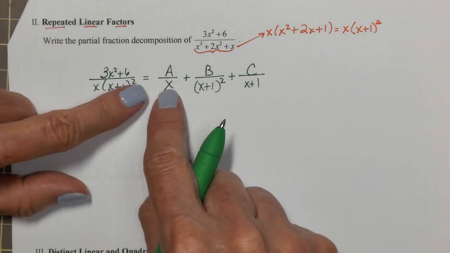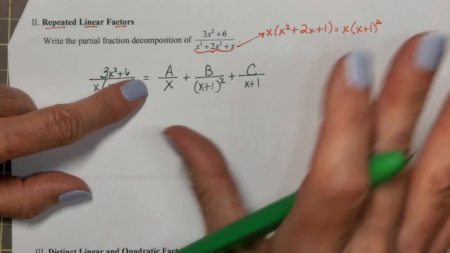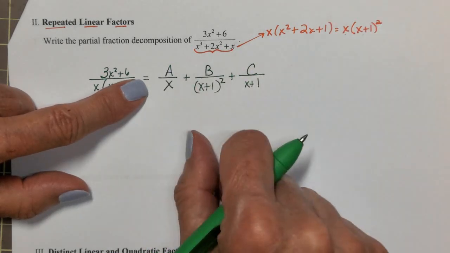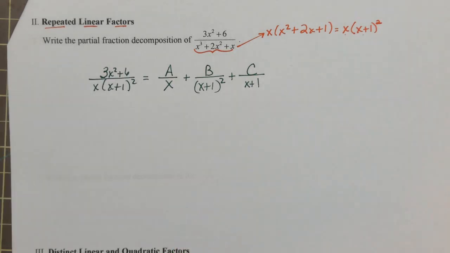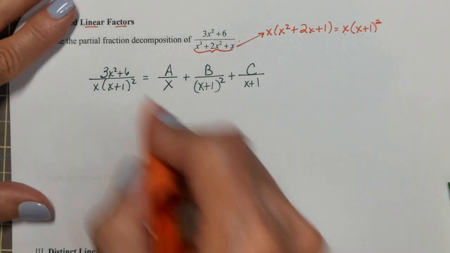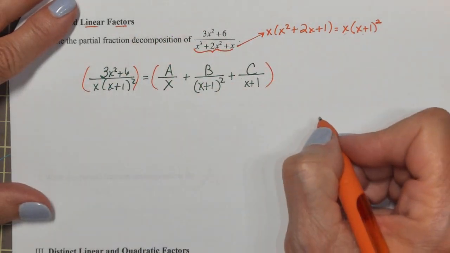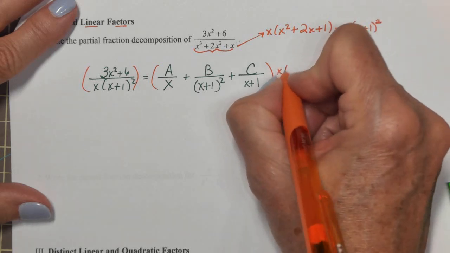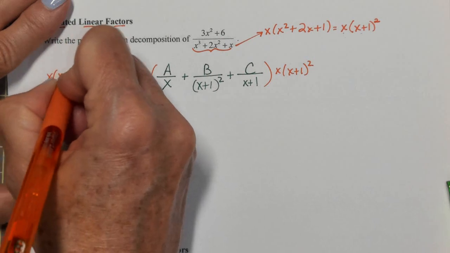Now, each one is linear. So each numerator has to just be a number, no x's. All right? Okay, so I'm going to do the same thing that we did before. I'm going to multiply both sides by the common denominator. The common denominator is x times x plus 1 squared.